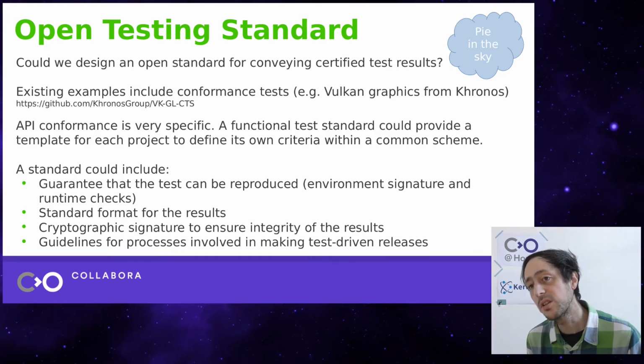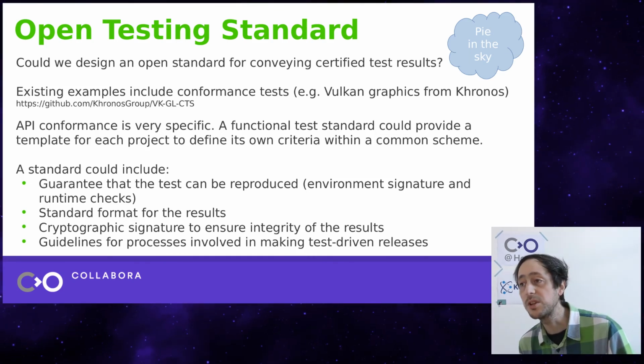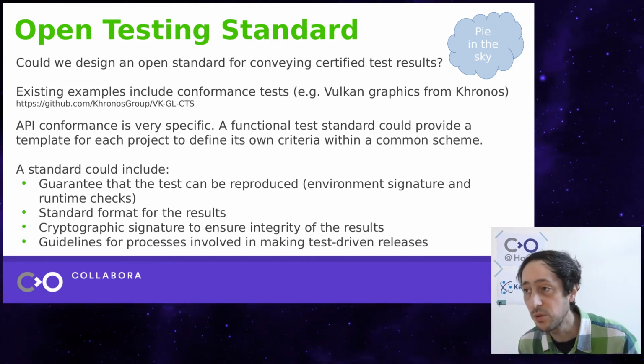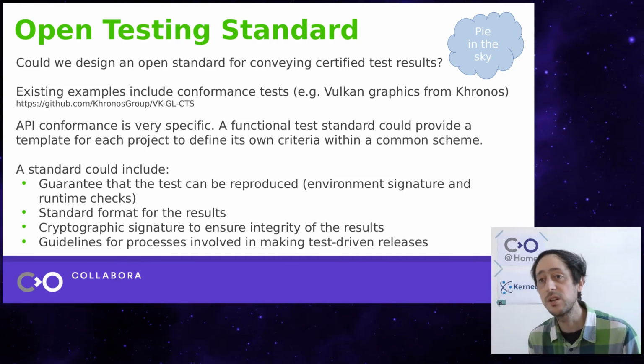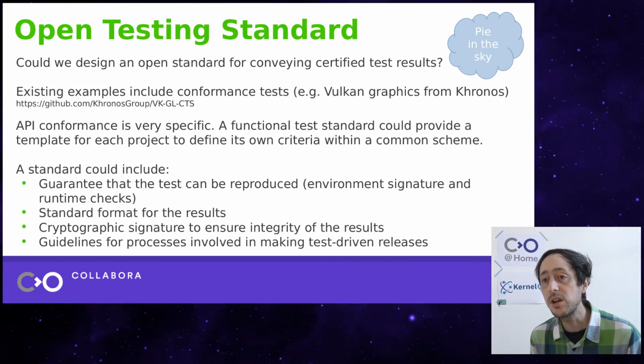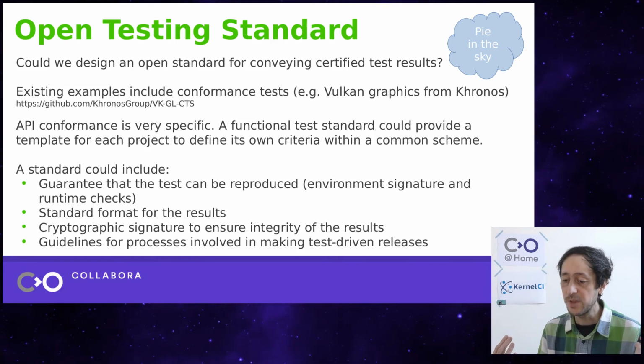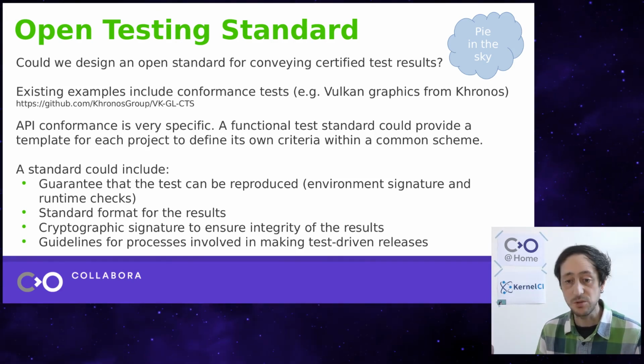So I've looked at existing examples, maybe. There's the graphics API conformance from the Khronos group, like OpenGL and Vulkan. Basically, there's an API, and there's a conformance test for drivers.